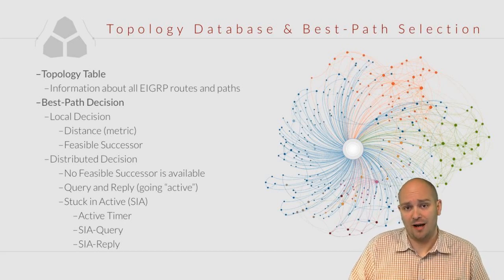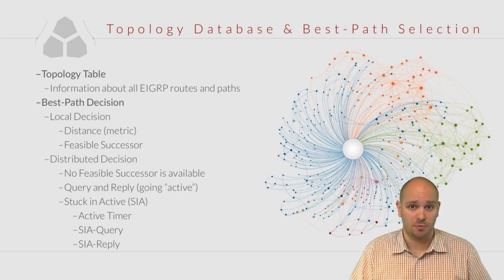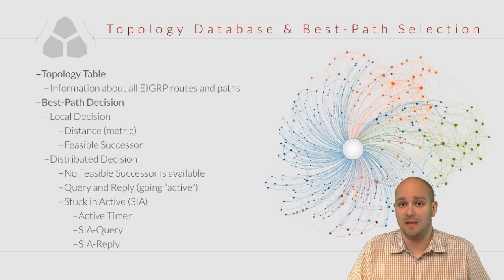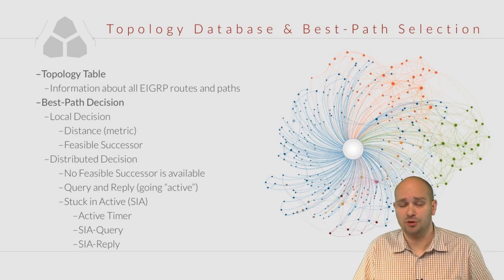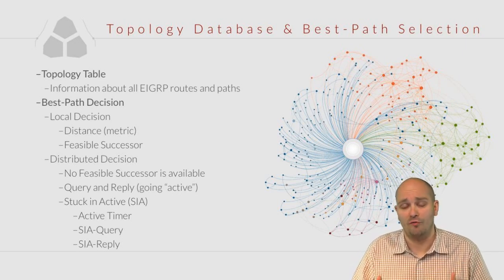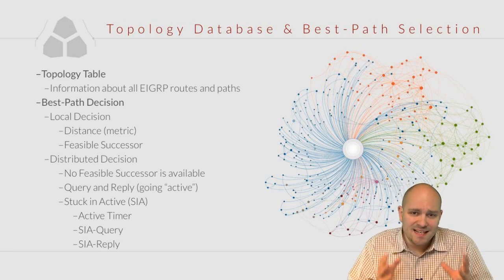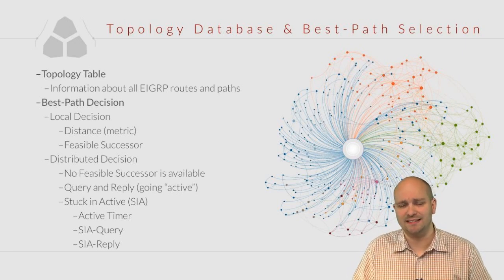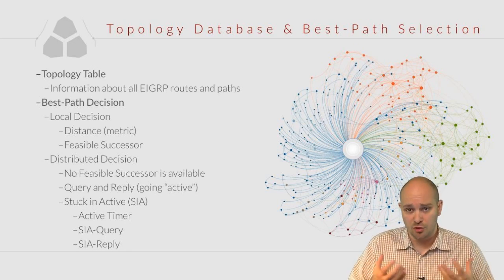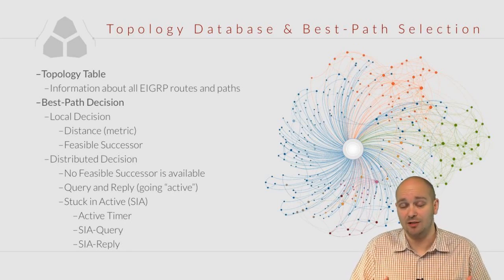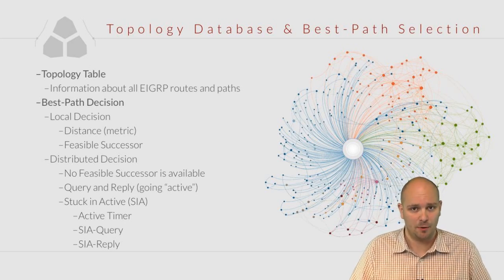The local routes, the routes that have been locally injected into EIGRP by that particular router, are also going to be in the EIGRP topology table. So are going to be the routes that are learned from all of our neighbors. It is this table here that provides us with the information that we can use to determine which routes are the best routes and need to go into the routing table.